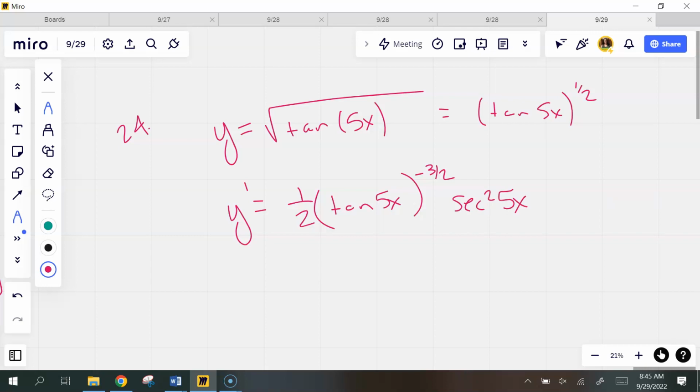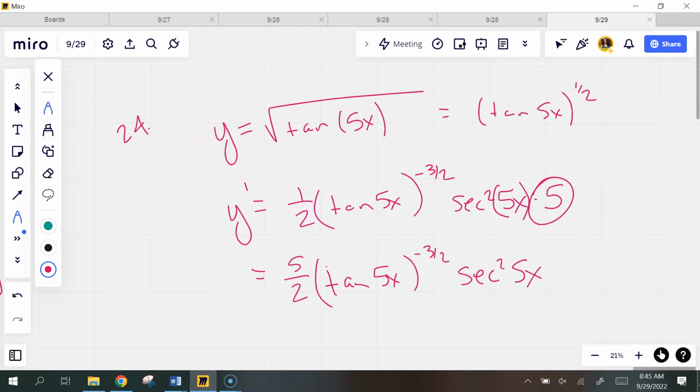And now inside. Be careful, don't let that sit with the 5x here. So 5 over 2 tan 5x negative 3 over 2 secant squared 5x. And that's it. Oh, yes, I'm sorry. Right. Thinking it was already negative 1.